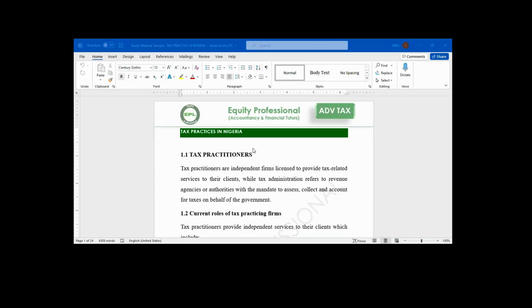So today we are going to look at a topic called tax practice in Nigeria. In this topic, the first area we are going to look at is the tax practitioner.